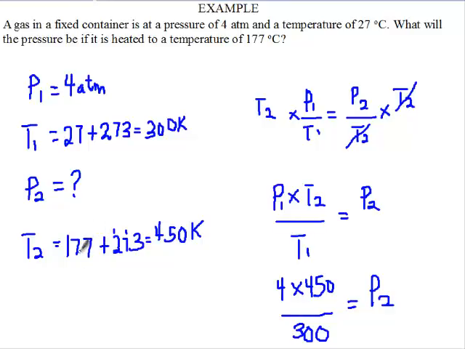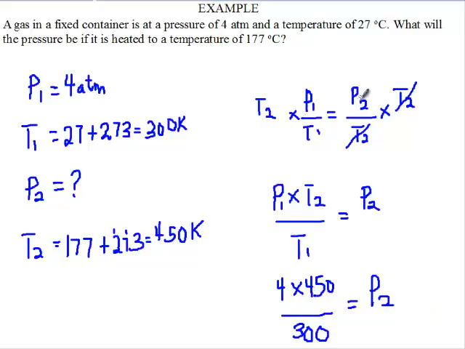We don't need the 177 degrees Celsius, so instead we are going to change to Kelvin. When you want to change from degrees Celsius to Kelvin, you add 273 to whatever temperature you are given in degrees Celsius, and that will give you your temperature in Kelvin.